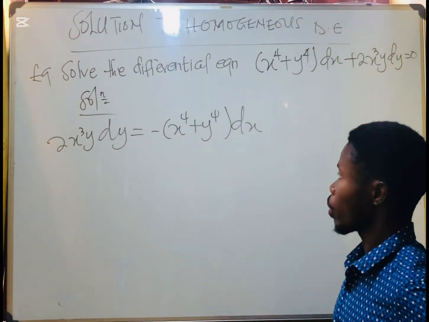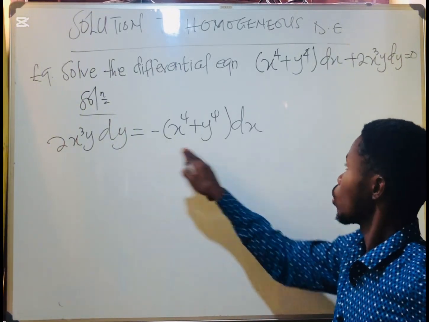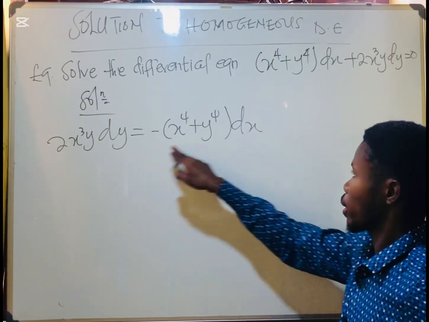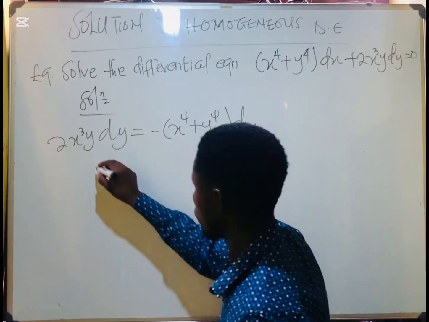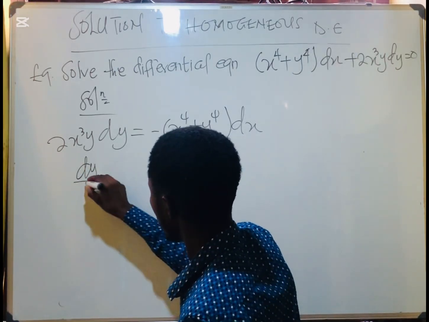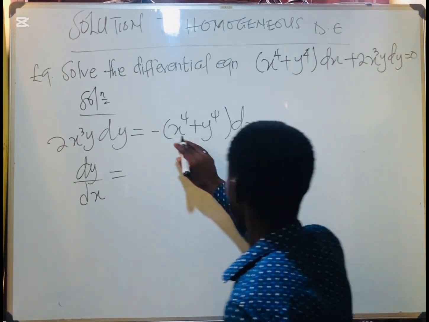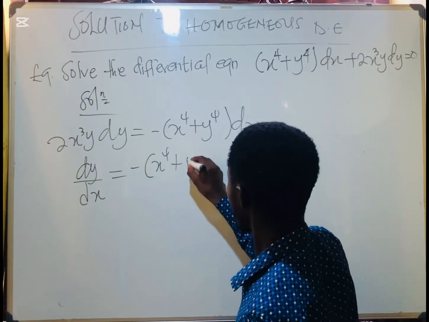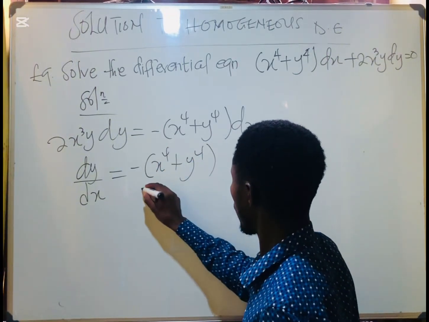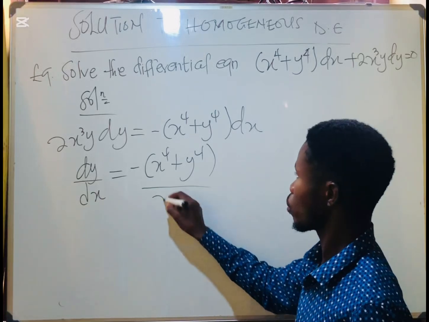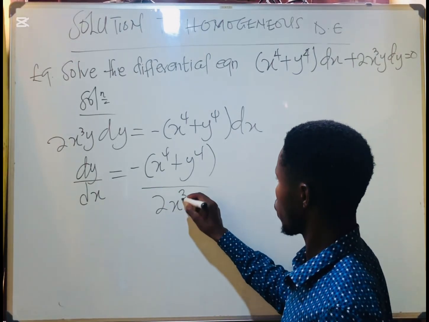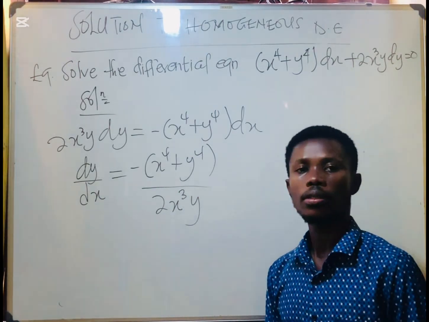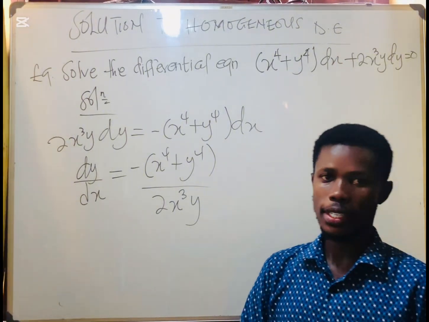Now, because I want to write it as dy over dx, I divide by dx. So I have dy/dx = (−x⁴ + y⁴) divided by 2x³y. Have you seen that? So I've rearranged it.